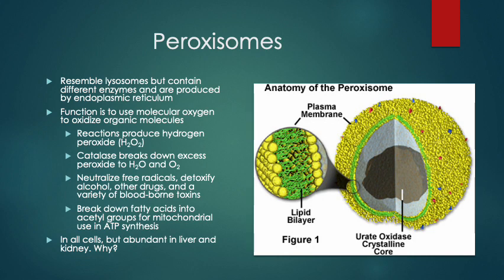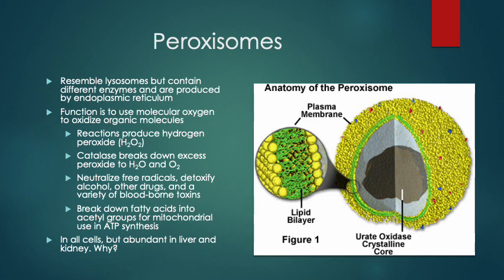They can break down fatty acids. They can do all of these types of things, but in every process, they use oxygen and they produce peroxide. Okay, so peroxisomes break things down just like lysosomes, but they have a byproduct of peroxide, which is why they're called peroxisomes. These are really, really abundant in the liver and the kidney.